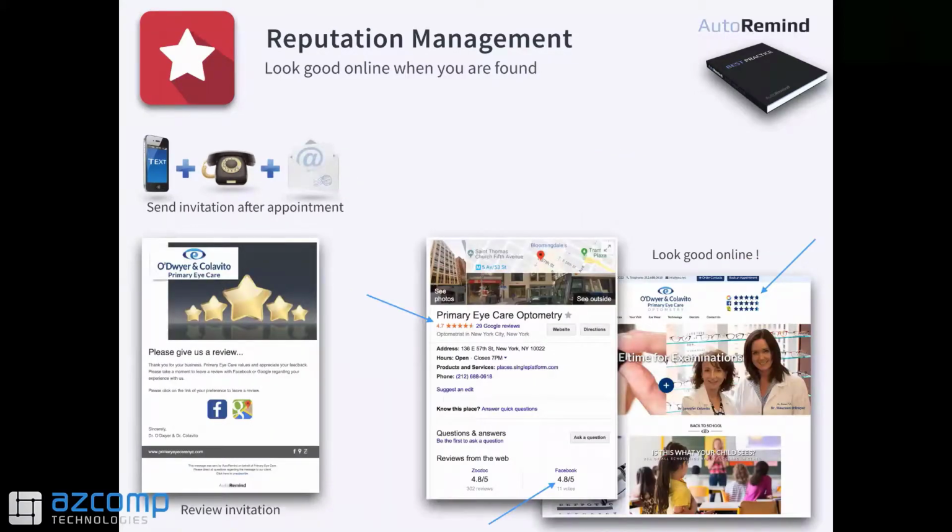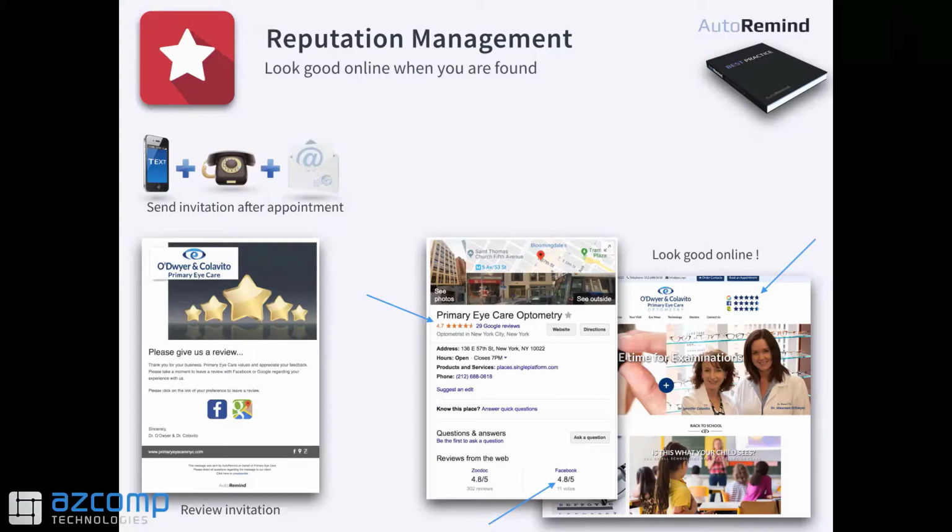And then reputation management. We see a lot of practices who are looking to boost their online presence or get more reviews online. We usually recommend pushing them to leave a review on Google or Facebook. Some practices use other places, Yelp or Healthgrades, and we can customize everything for you.